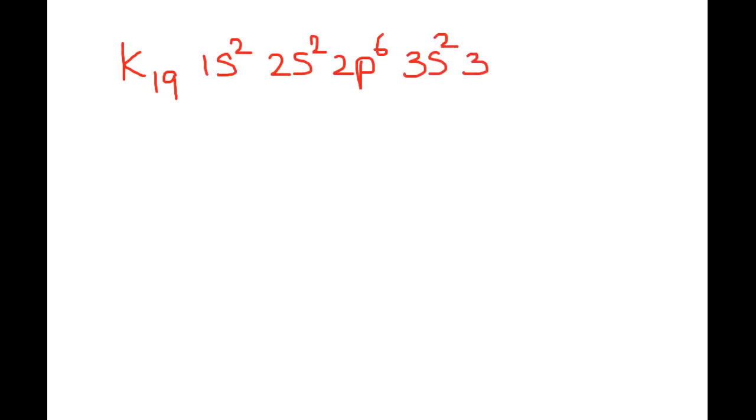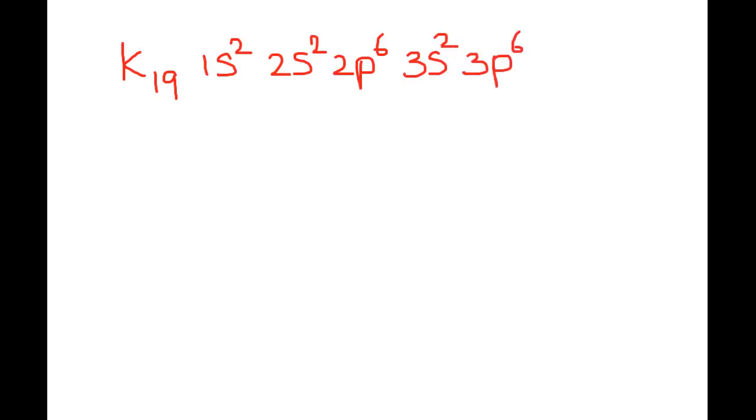Okay. Now, if you go by the electronic configuration like you studied in the Aufbau's principle, you are going to start with 1s2, okay, then 2s2, then 2p6, all right, then 3s2, then 3p6.